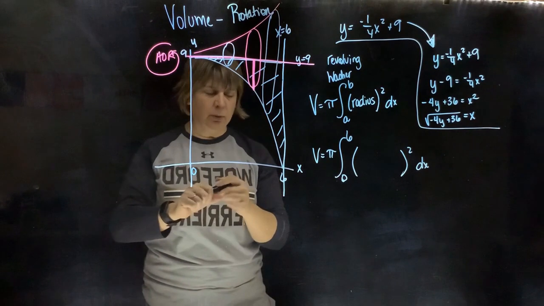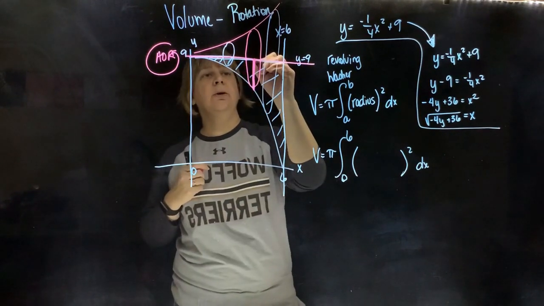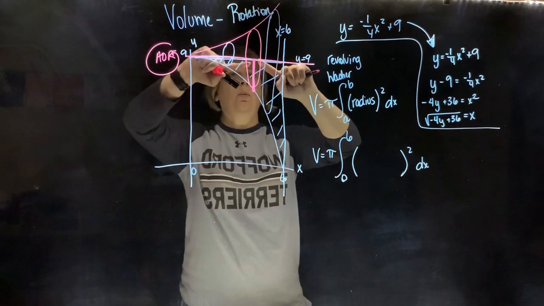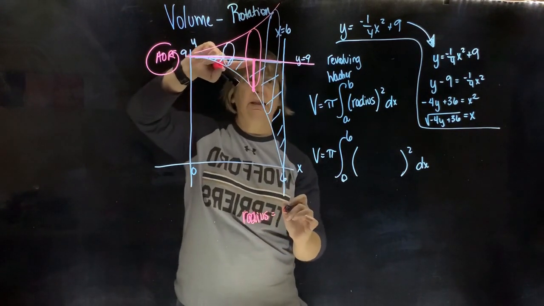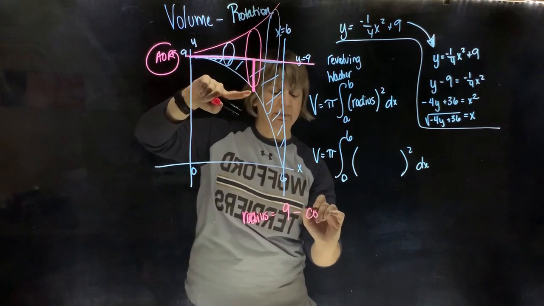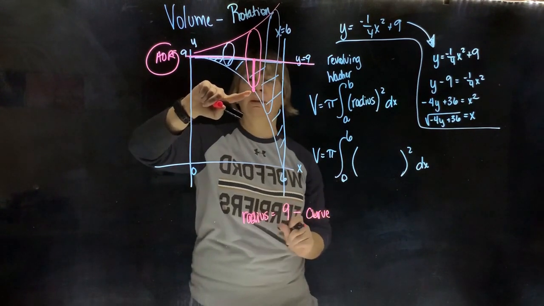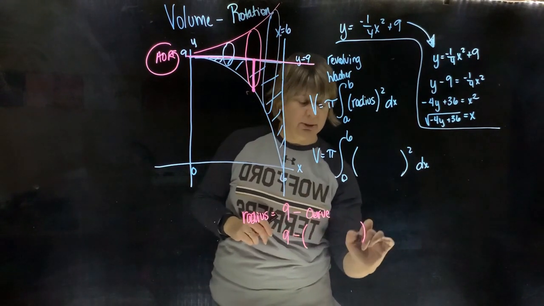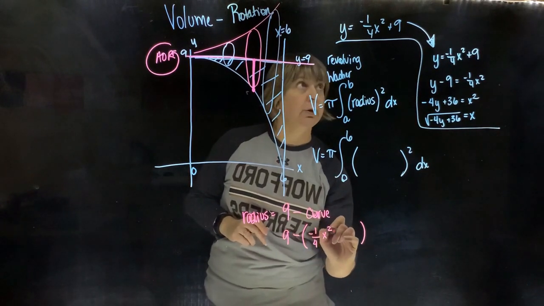Now, let's talk about what the radius is. The radius starts here, and notice we have a top and a bottom. The radius is 9, that's the top, minus the bottom, and the bottom is the curve. Now notice this negative has to get parentheses. Our curve is negative 1/4 x squared plus 9.